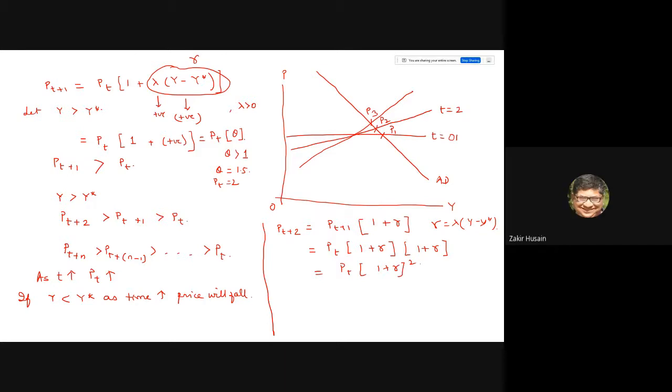Sir, I had a question. Sir, the rotation of the supply curve, I couldn't draw it in the case of the price increasing.